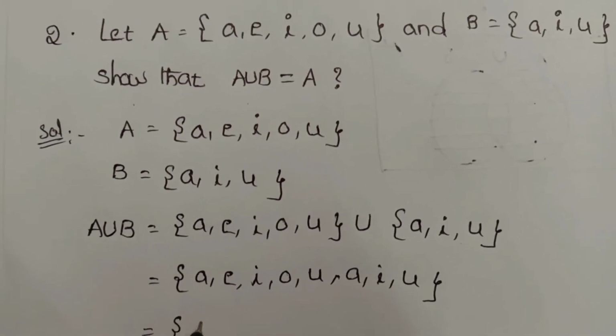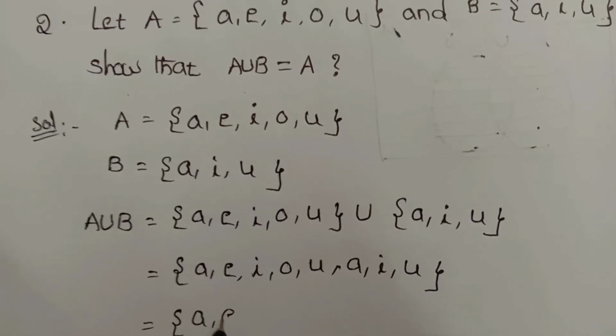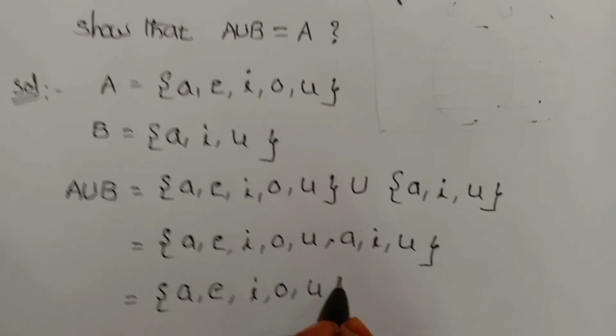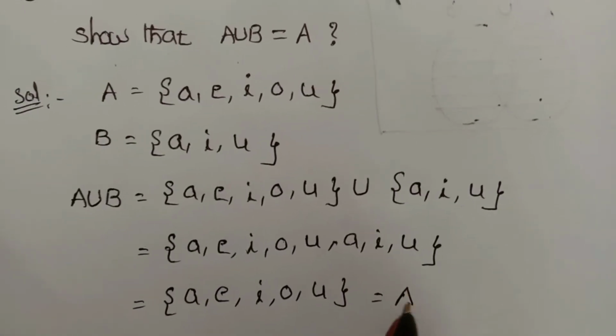Write down in order: {a, e, i, o, u}, that is equal to A.